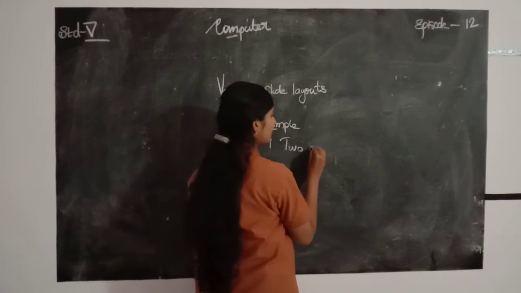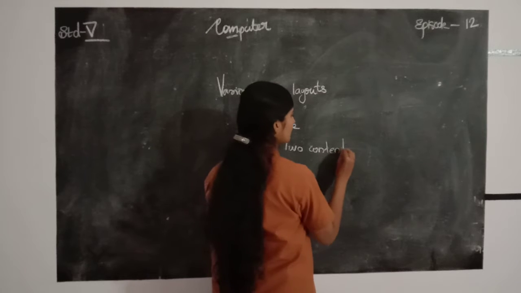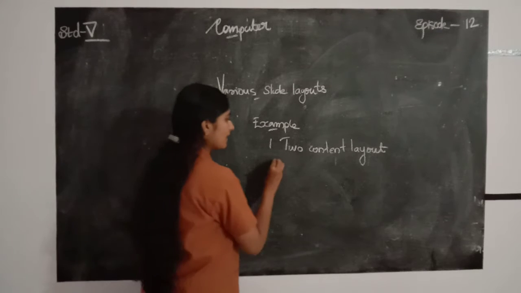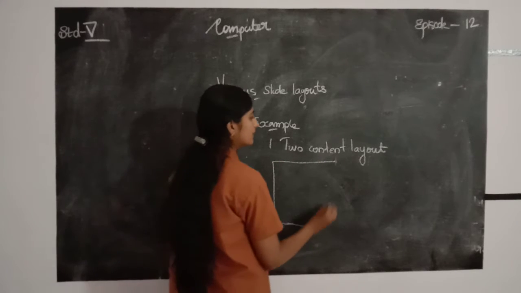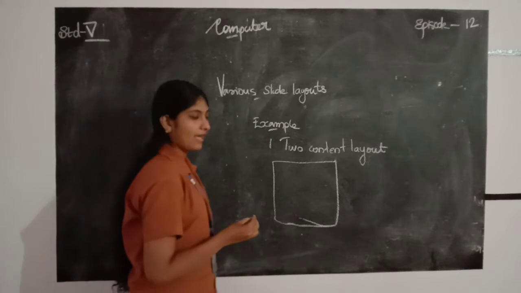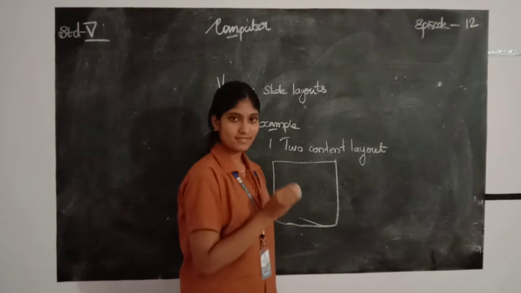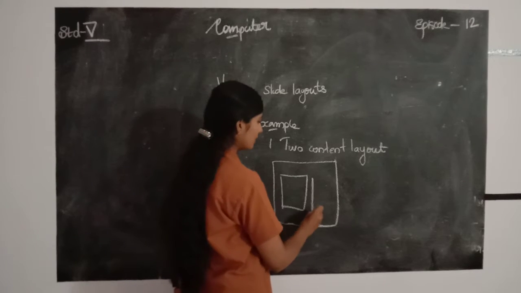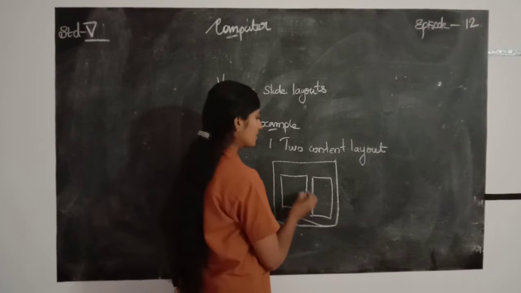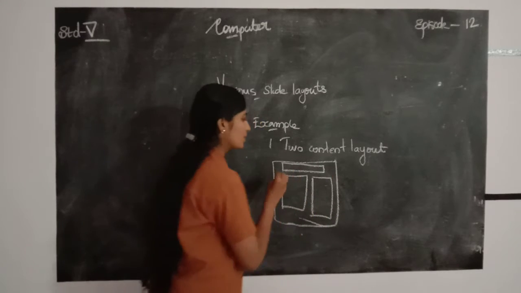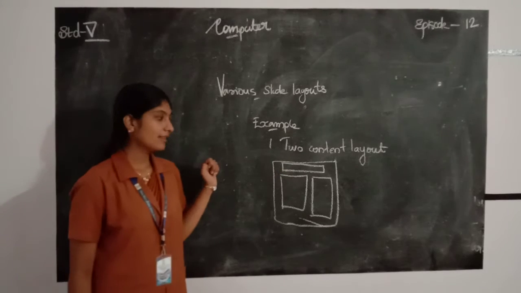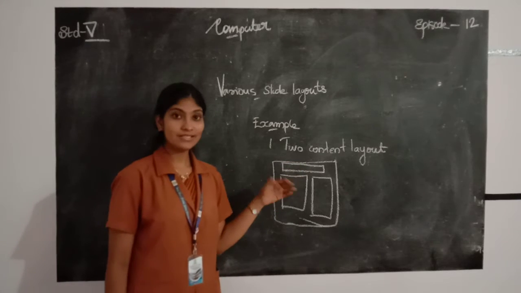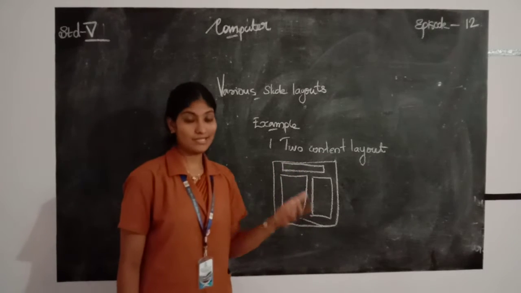Two content layout means, just assume this is your window, and when we open the presentation software, the two content layout has a placeholder box and another placeholder box, and also there is a title. So we can add a title, then about the topic we can insert our information in the form of bullets.